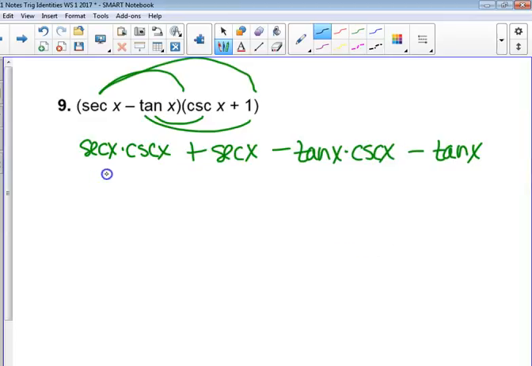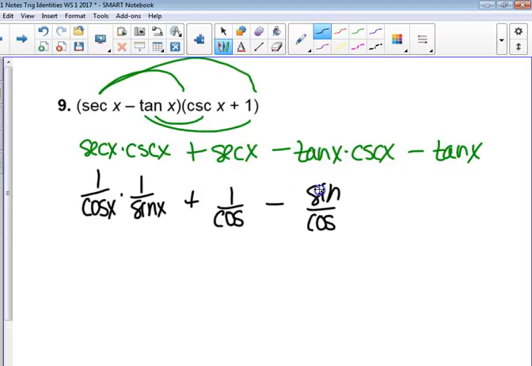This is 1 over cosine times 1 over sine, plus 1 over cosine, minus sine over cosine times 1 over sine, minus sine over cosine. Oh, I'm losing x's left and right. Did I mess up anywhere? Well, that's not really looking as exciting as I had hoped.